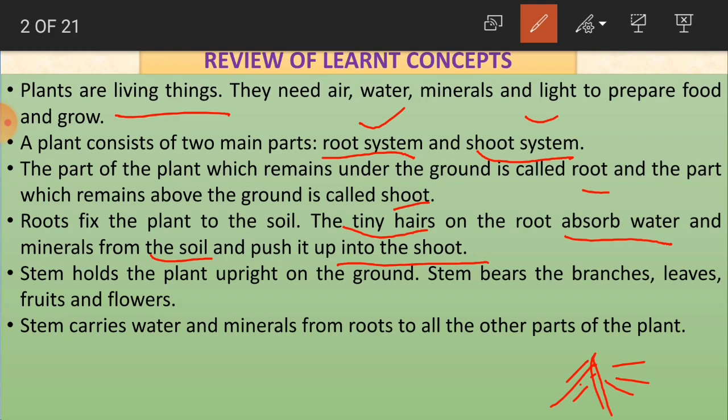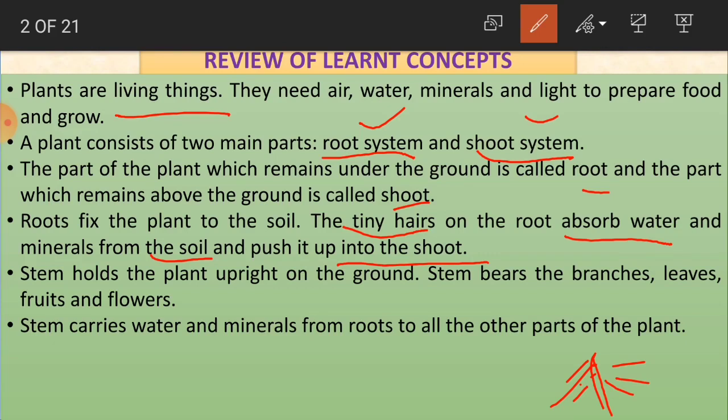What is the shoot here? Which we see above the ground on the soil, with stems, branches and all that. We said that the stem supplies the water from the roots to the plant. Do you remember this? Yes. So this water is pushed by the roots into the shoot.